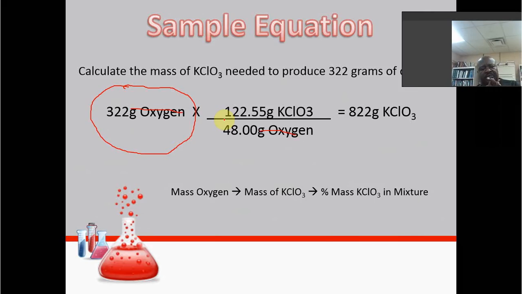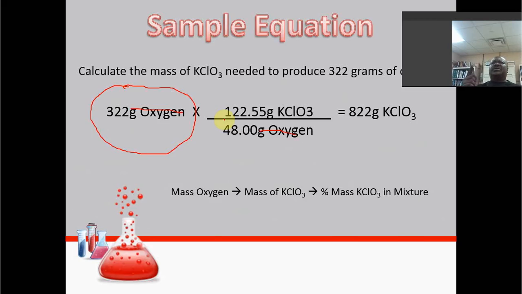So if we have a mixture of KClO3 and KCl and heat it and decompose all the KClO3, then what? The mass of whatever we start with will go down because the oxygen is leaving. So from a difference in mass, we can find the grams of oxygen.